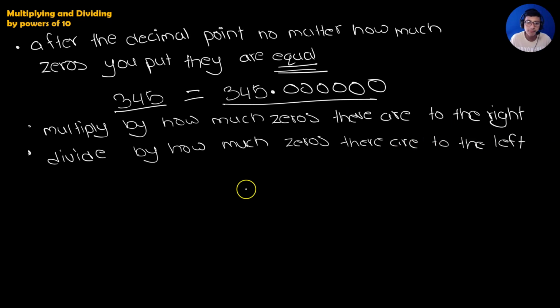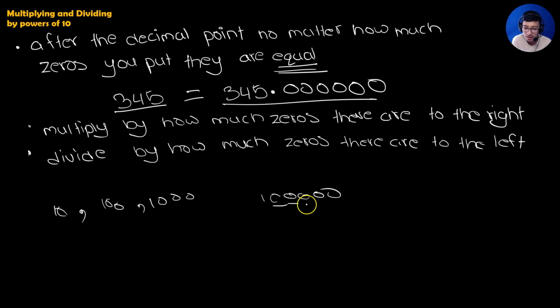So when we have numbers that are powers of 10, for example 10, 100, 1000, and so forth, don't get freaked out, because by how many zeros there are, you will know how many times you have to move the decimal place.